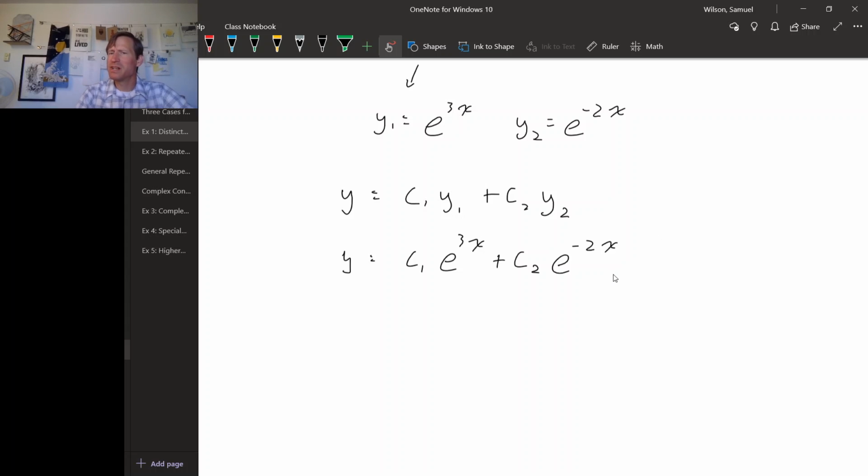Now actually something we need to be careful about is we got these two solutions here, but are they linearly independent? Remember, what we wrote down here for the supposed general solution is actually only the general solution to the differential equation if these two solutions, y1 and y2, are actually linearly independent.